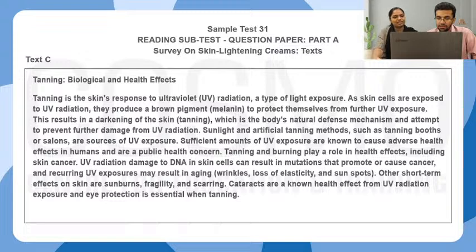Here we got cataract. The last sentence of Text C: Cataracts are a known health effect from UV radiation exposure, and eye protection is essential when tanning.